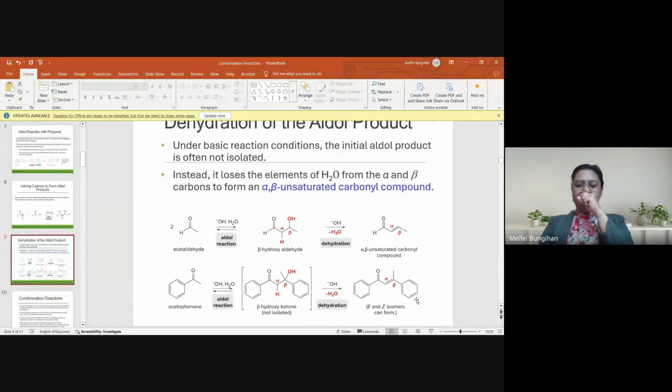Now, of course, you see here an isomerism because you have your double bonds. You've had your lessons on E and Z isomers, so you can have formation of E and Z isomers for your acetophenone if it undergoes aldol condensation.